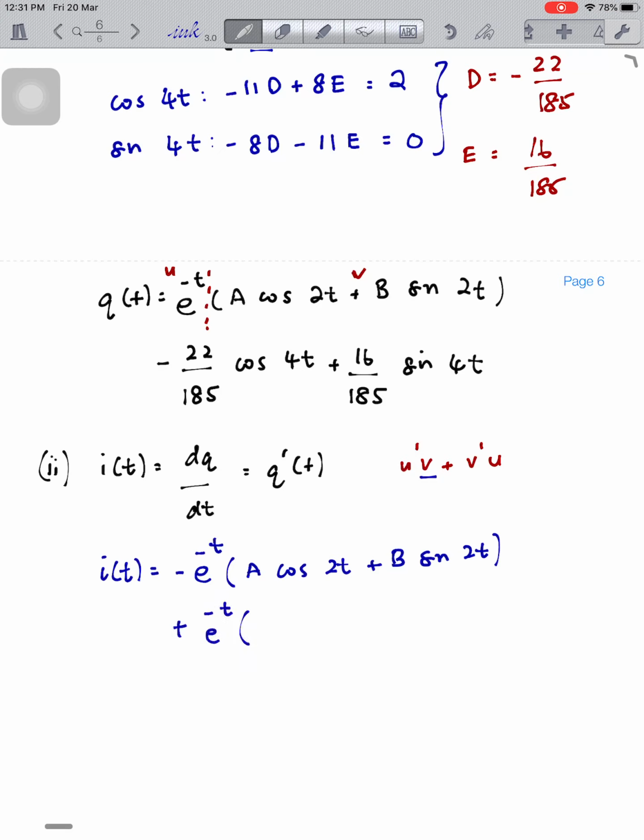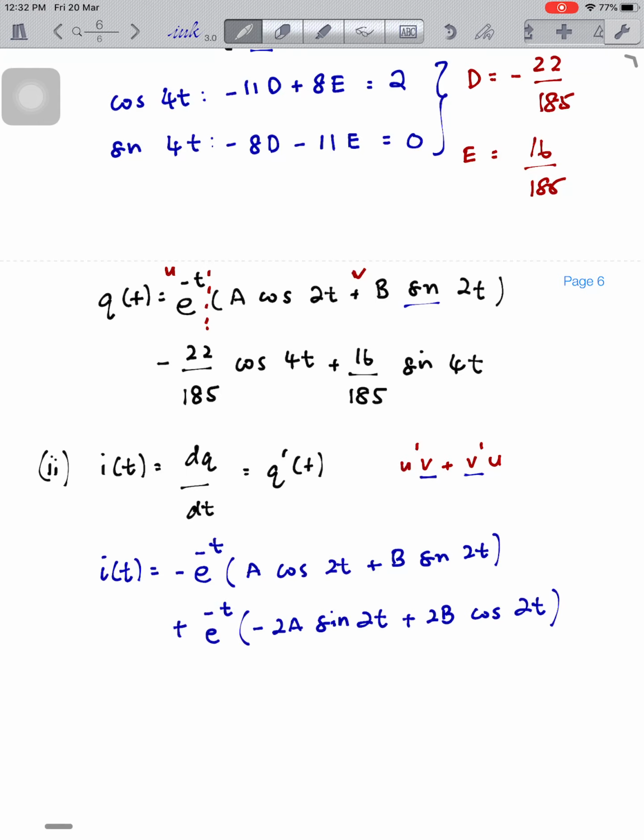Differentiating v, cos becomes negative sine, so I get negative 2a sine of 2t, and sine becomes cos, so plus 2b cos of 2t. Let me check that again. Yeah, that is how it looks.